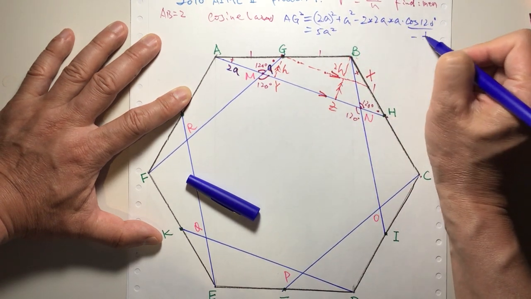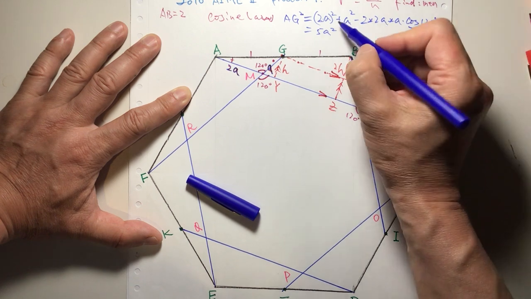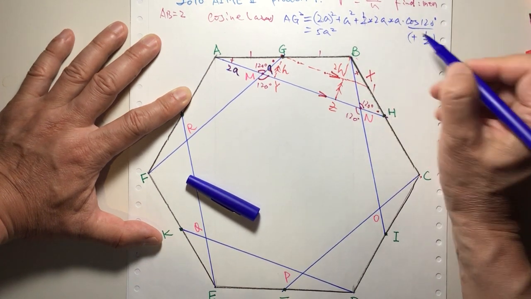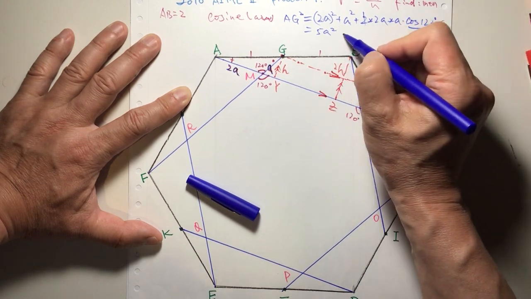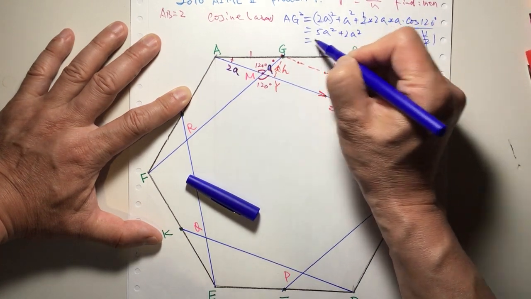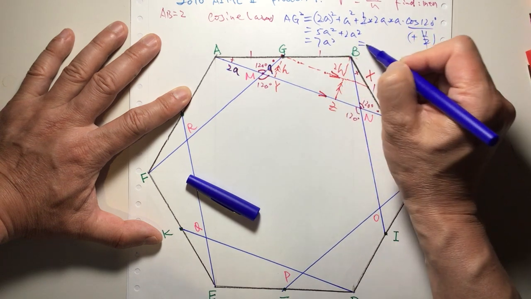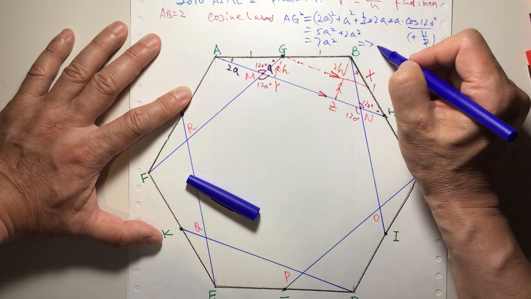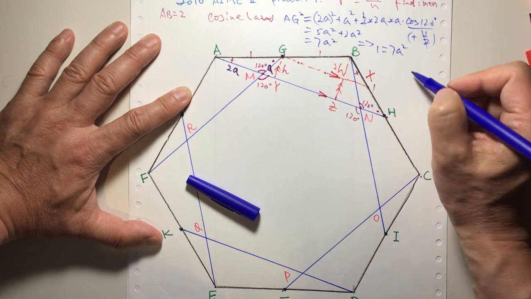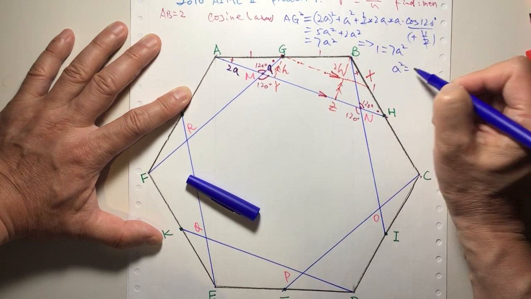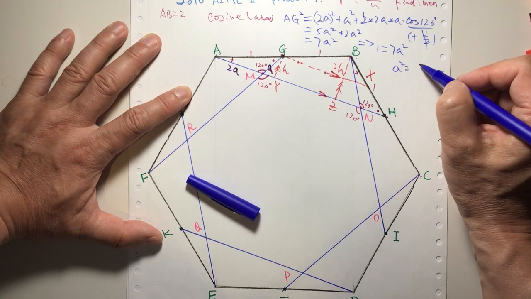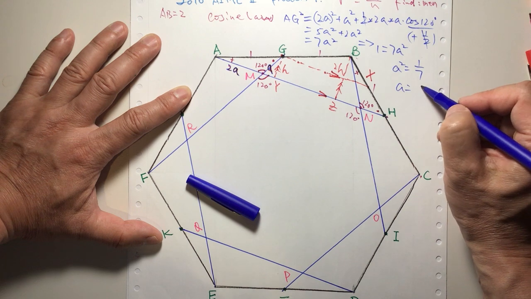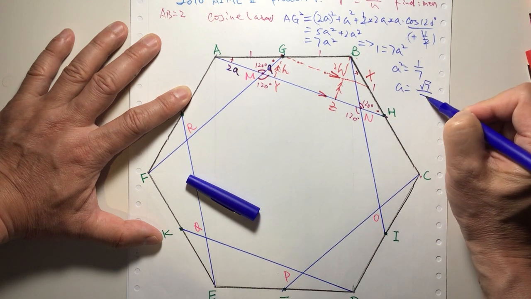This is negative 1/2 times this negative, positive, so it's plus 2A squared. We can get 7A squared. Then we got AG is 1. We got 1 equals 7A squared. Now A squared is 1/7. A equals square root of 7 over 7.